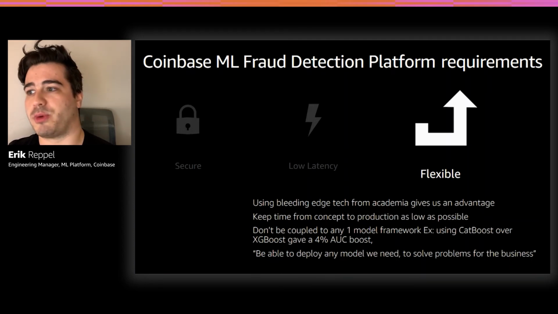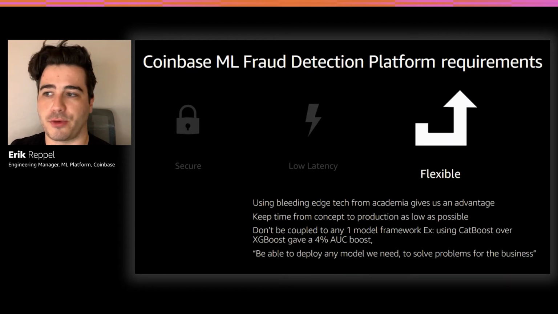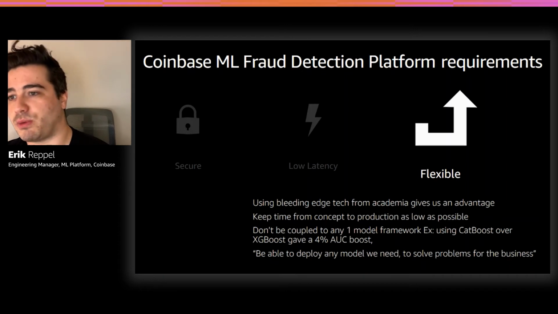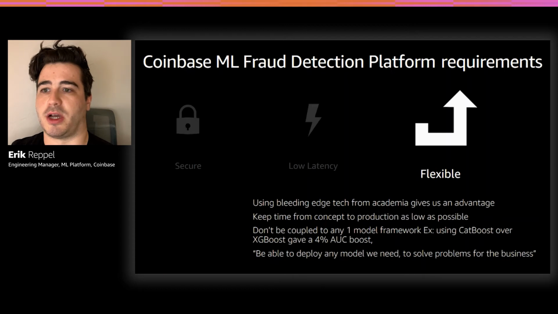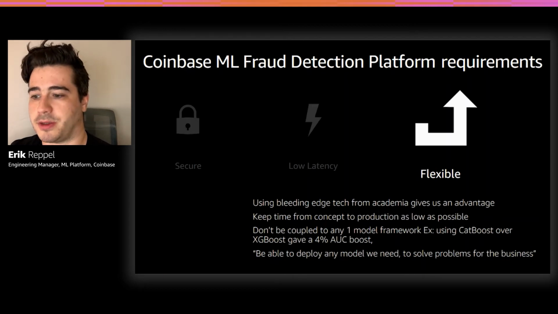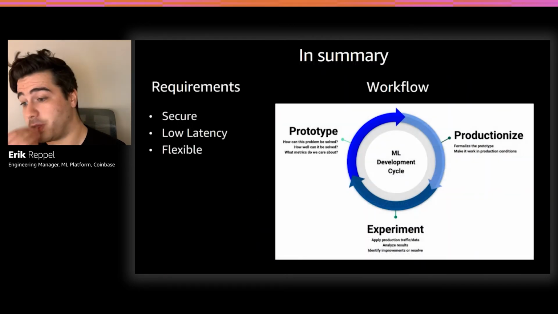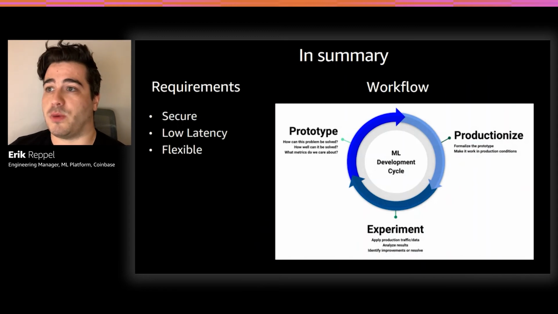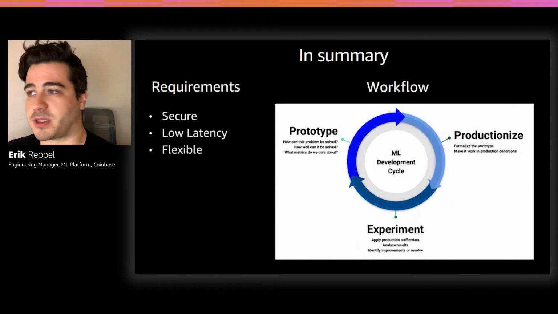For example, when we moved from XGBoost to CatBoost, we basically for free got a 4% increase in the AUC of our model. Basically, we want to be able to deploy any model we need to solve problems within our business. So in summary, we needed a platform that was secure, low latency, and flexible, and fit the workflow that our MLEs need.